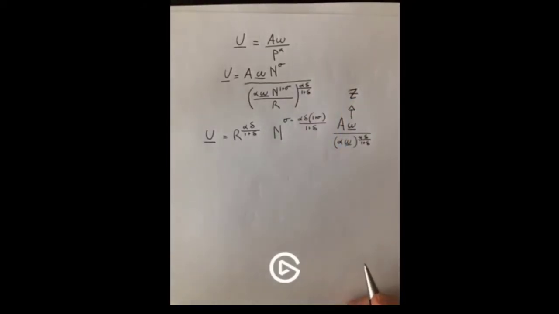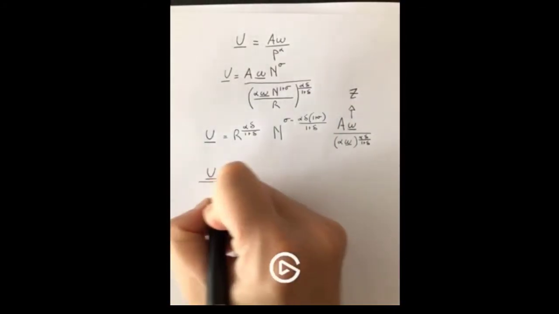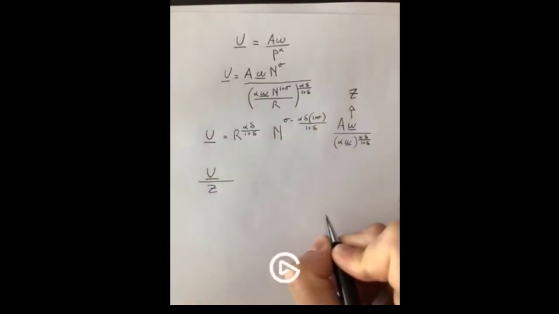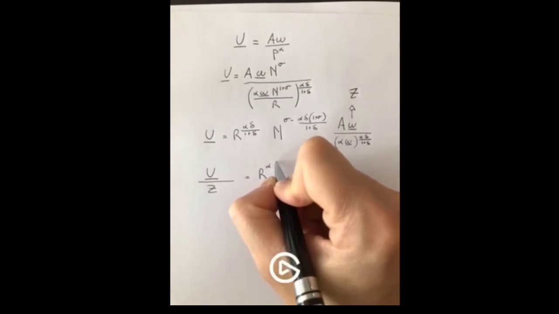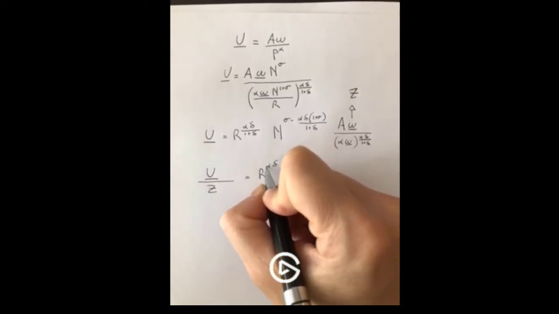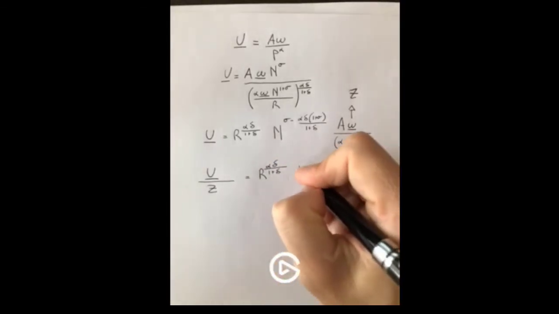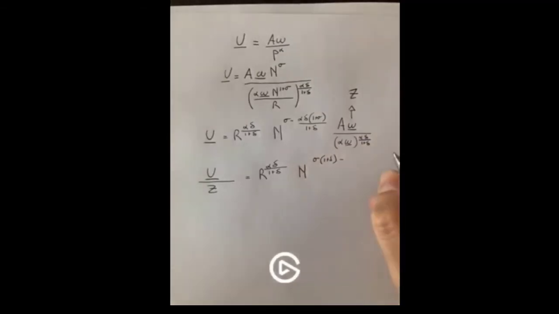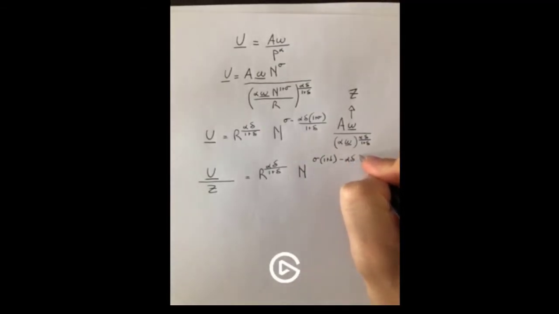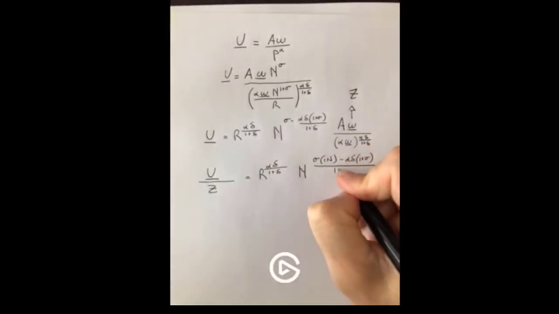So we can rewrite this as u lower bar divided by z equal to r with exponent alpha delta divided by 1 plus delta times n, and this can be written as sigma multiplied by 1 plus delta minus alpha delta multiplied by 1 plus sigma, everything divided by 1 plus delta.